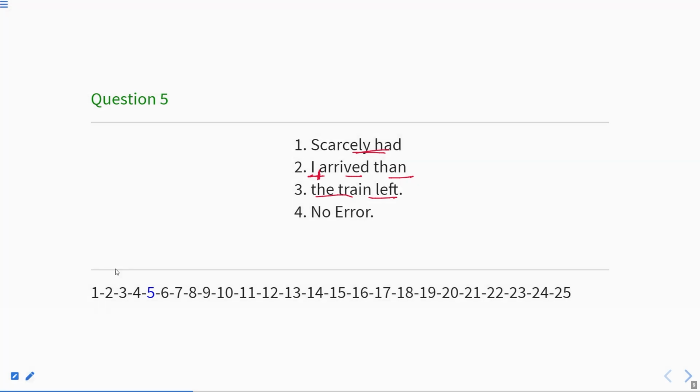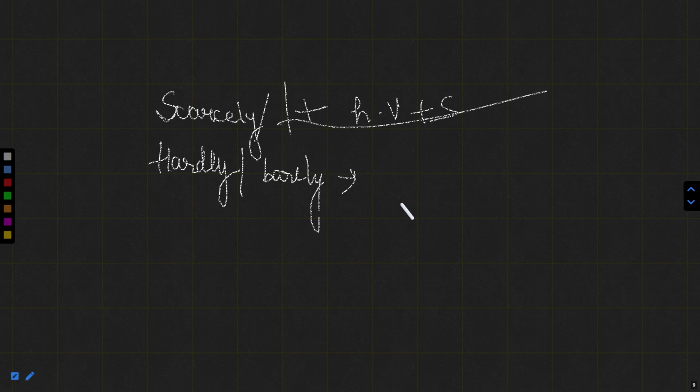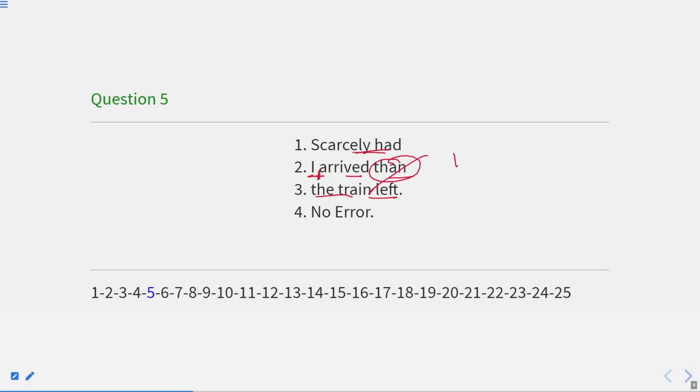But as I told you, with the words scarcely, hardly, or barely, another concept also works. That is, we make a pair of these words with "when", not "then". So here, "then" should be replaced with "when".